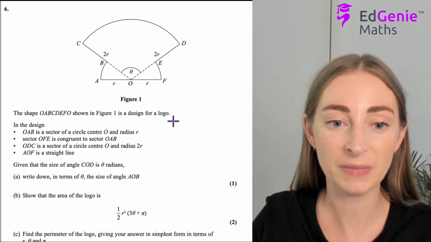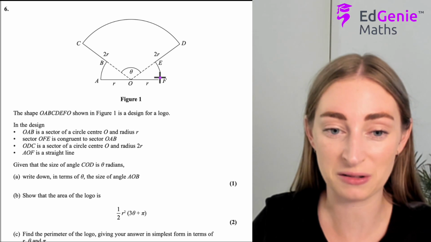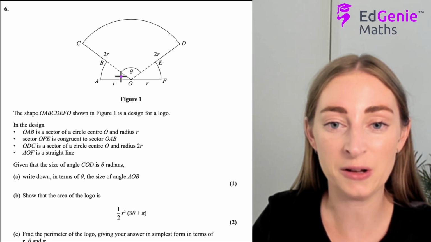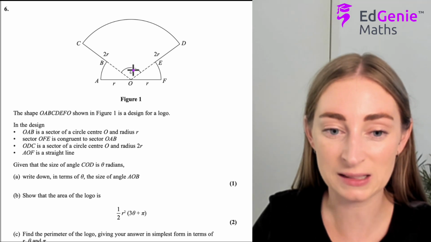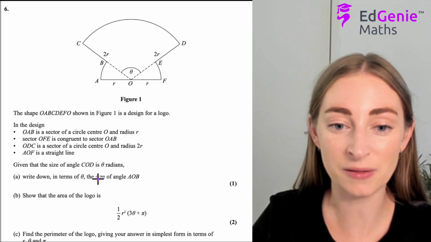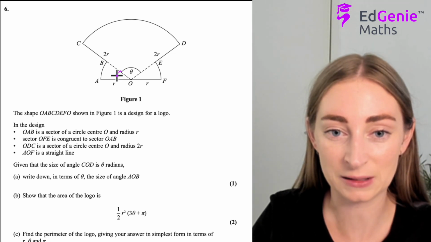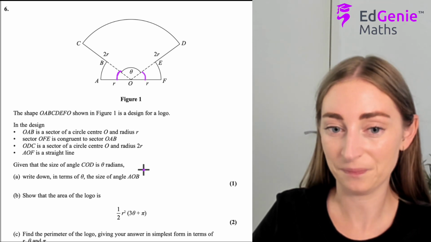Question 6, so we have got this shape here and it says this is a design for a logo. And they've given us lots of information here, but it's all written on the diagram anyway. Given that the size of angle COD, so this angle here, is theta radians, write down in terms of theta angle AOB, so this angle here. And that angle is going to be exactly the same as this angle.